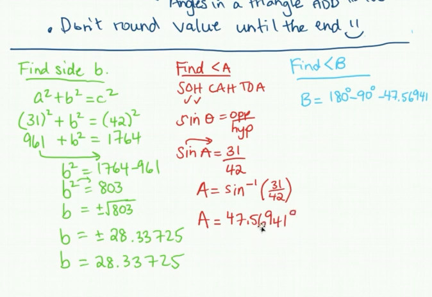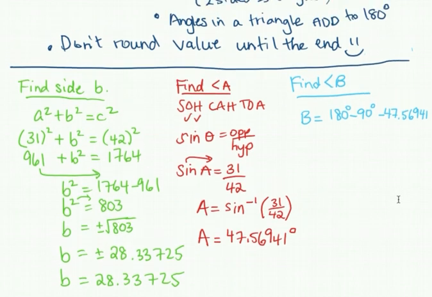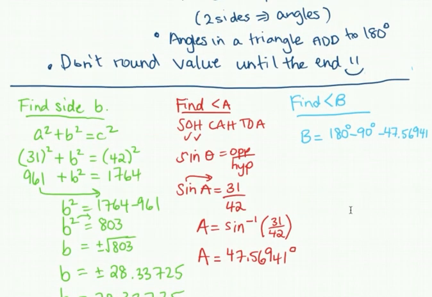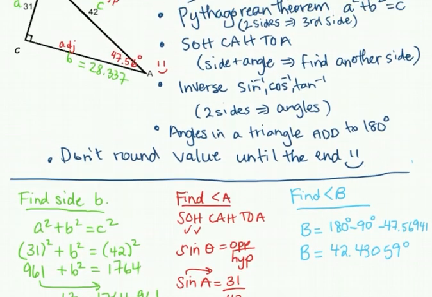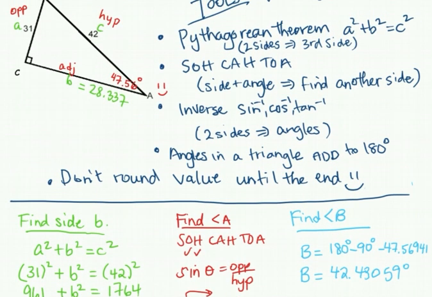But just, I don't know, rule of thumb, carry at least 4 extra digits if you can. Okay. All right, so when I subtract those, I end up with 42.43059 degrees. Okay. All right, so now we found, so we can even write that in if you want.